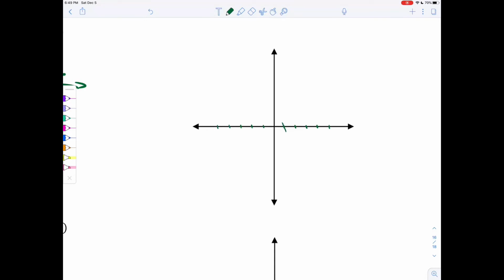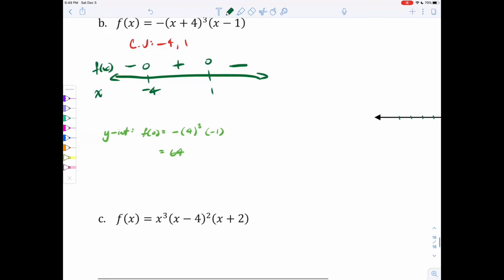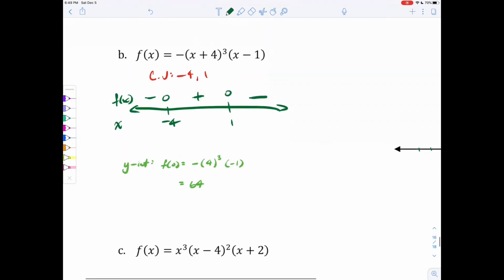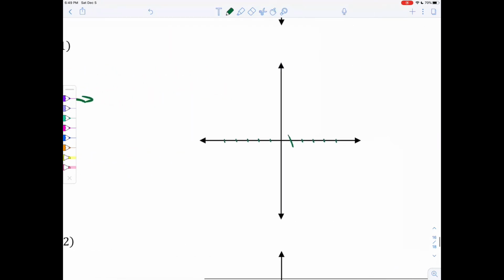So there's kind of what we're doing at 1. All right. And at 4, we're doing kind of a little wiggle dance. We're going from negative to positive, but we're wiggling through it because of that 3. So instead of cutting straight through like that, we're going to come up and curve in and then curve out.